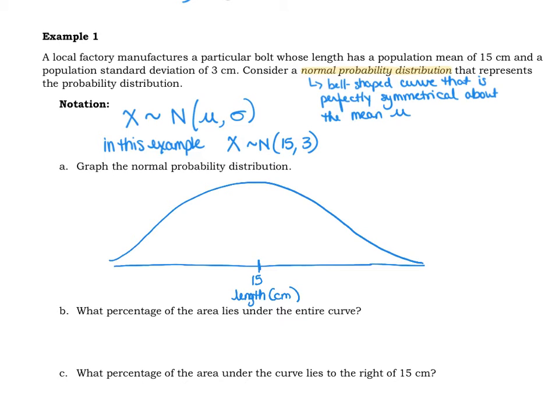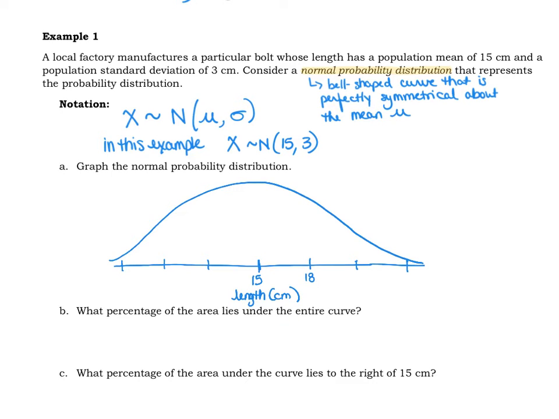So if you go 3 different lengths to the right, space them out evenly, and also 3 to the left, every one of those marks represents a standard deviation. Starting at 15 centimeters and going to the right, one standard deviation, which is 3 centimeters, the length of a bolt there would be 18 centimeters.